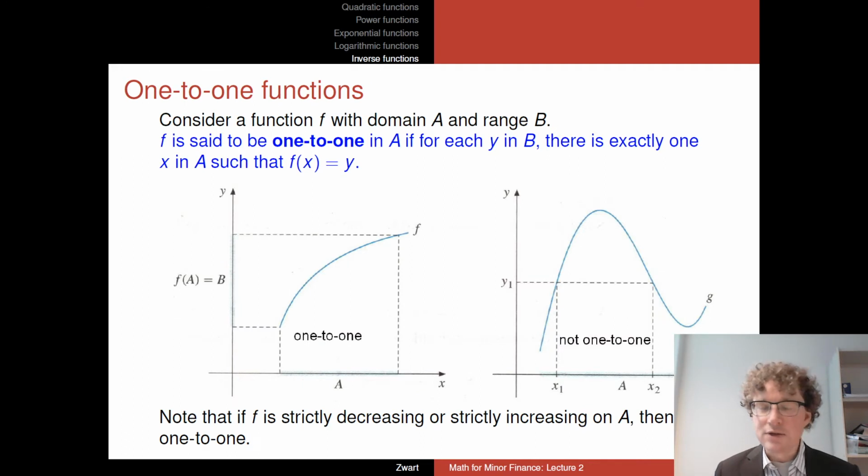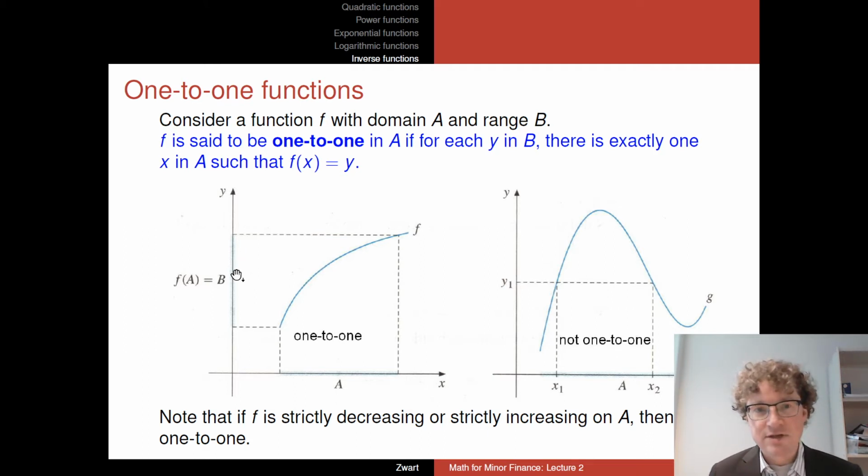Before we go into this in a little more generality, there's one thing that I need to say some things about, and that's some characteristics of a function, in particular when a function is a so-called one-to-one function. The idea is: a function f goes from some domain, let's call it A, that's what you can put into f, and B, which will be the range.